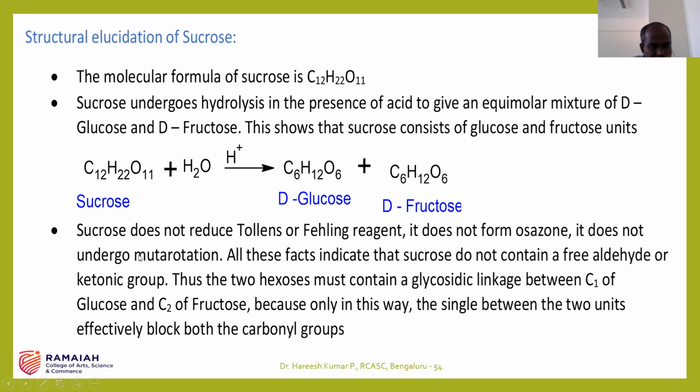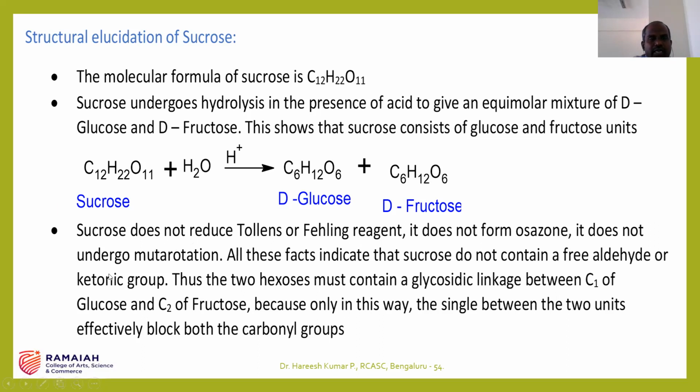Similarly, when sucrose is treated with Fehling solution, which is nothing but Fehling A and Fehling B, Fehling A is copper sulfate, Fehling B is sodium potassium tartrate. What will happen?